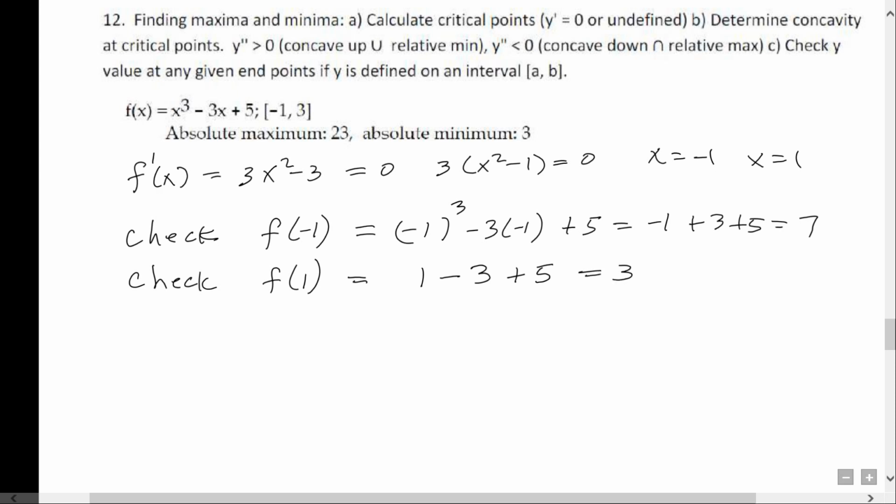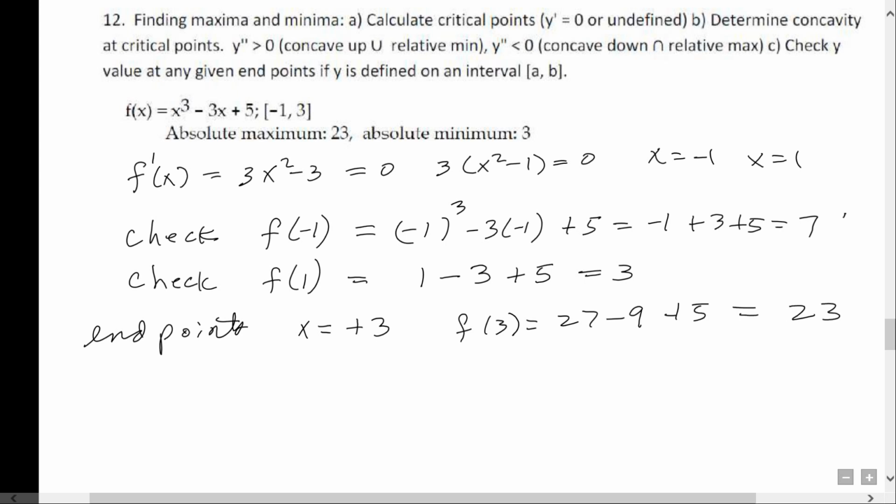And endpoints. We've already checked minus 1, which is one of the endpoints. So let's check x equal plus 3. Plug in plus 3 and we get f of 3 is equal to 27 minus 9 plus 5 equal 23.